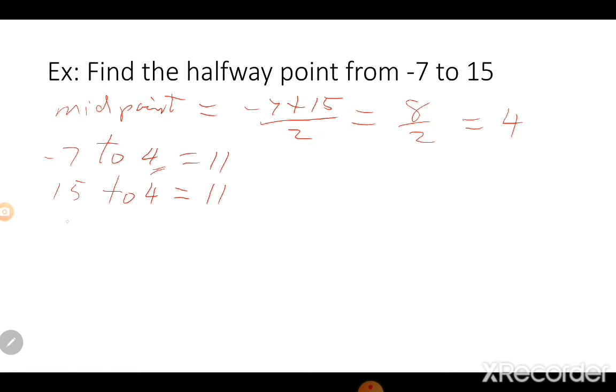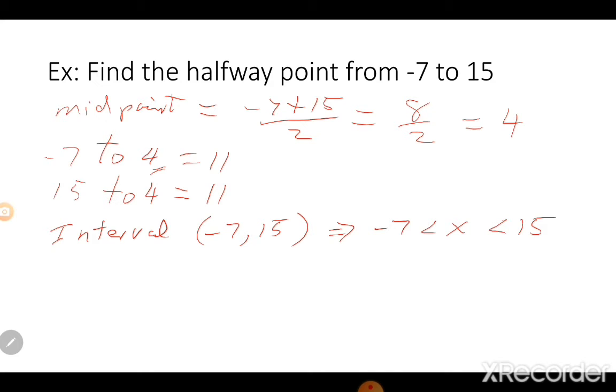So we have this interval from minus 7 to 15. Right? So say we want to represent a number in here. We can also write this as minus 7 is less than x is less than 15. Right? So that could represent the interval.